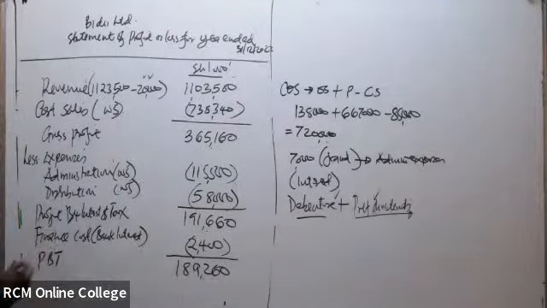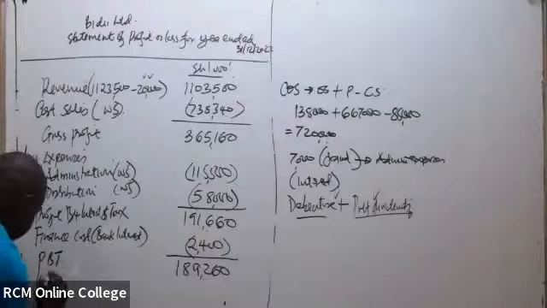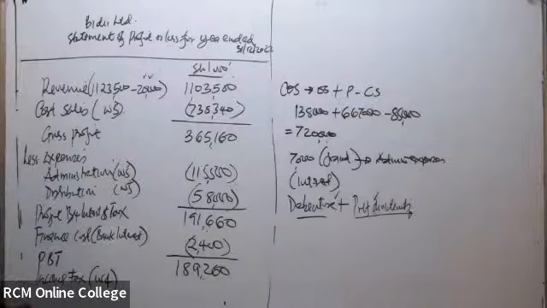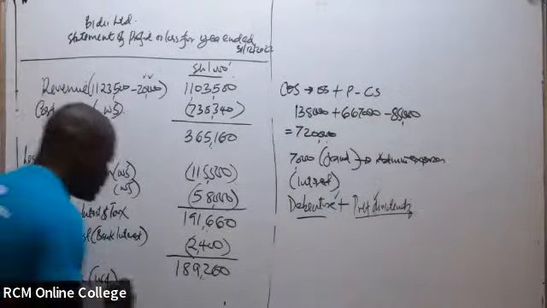Then, because in this case it is before tax, we have to consider our tax. And this one we had actually computed, the income tax, under working number 4, which is the last item we computed in our previous class. It was 51,600.